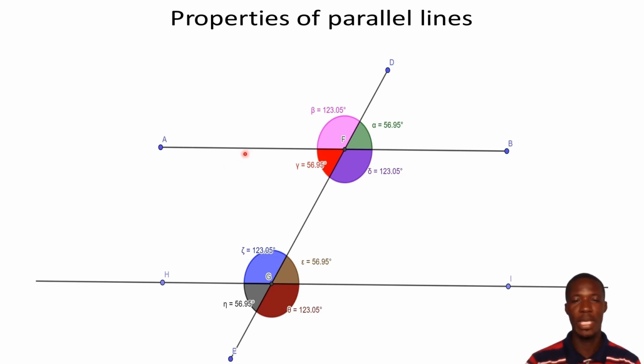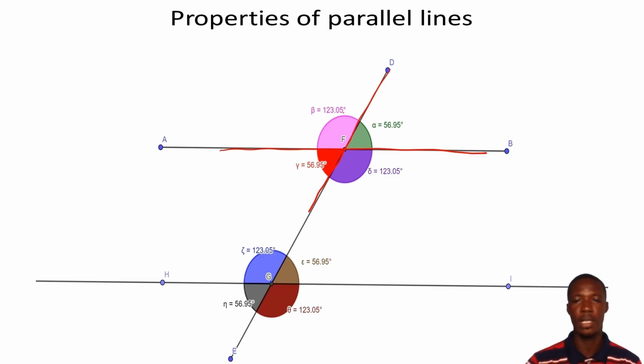So for me, I see this straight line here and this straight line here, and then this angle and this angle are opposite angles, and this one is 123.05 degrees. This one is the same, 123.05 degrees, which confirms that opposite angles are equal.